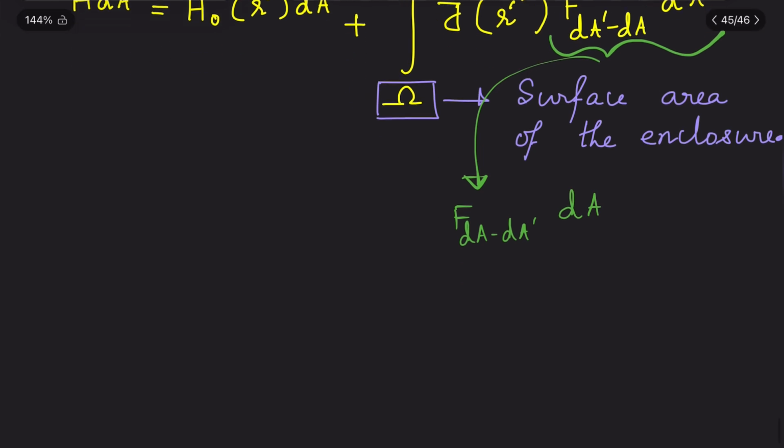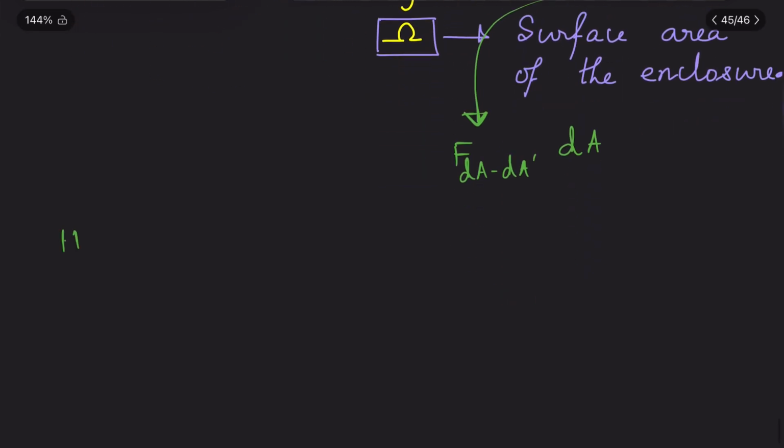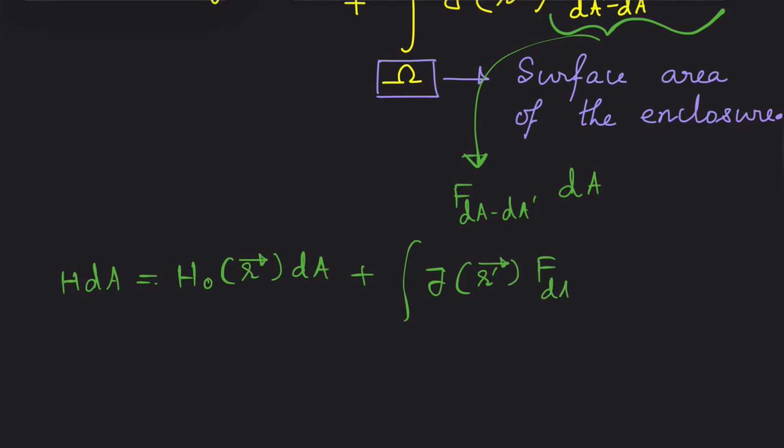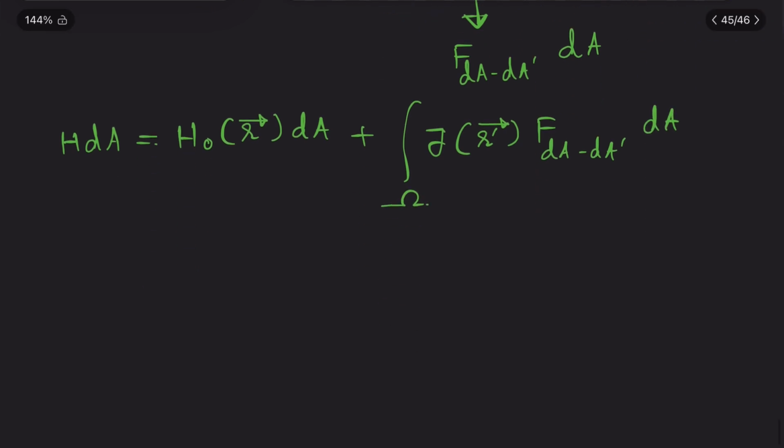Clear? So that means finally I can write this is equal to this thing plus J, that is a function of r dash F, dA dash into dA over sigma.